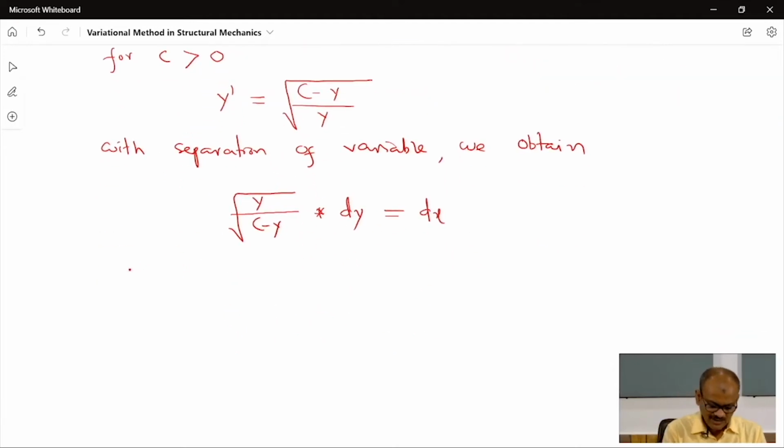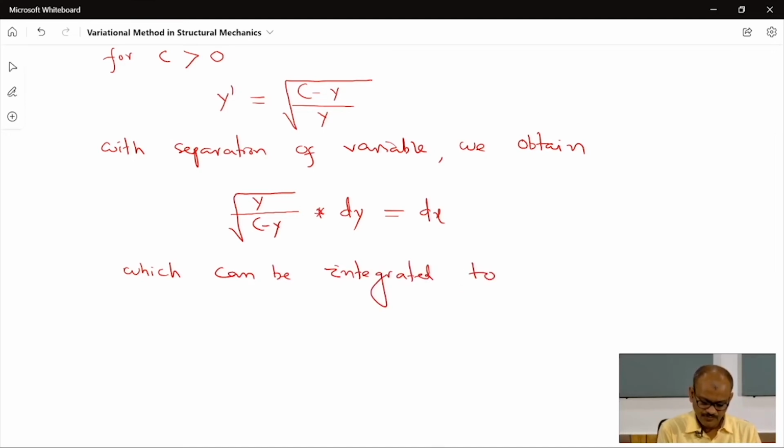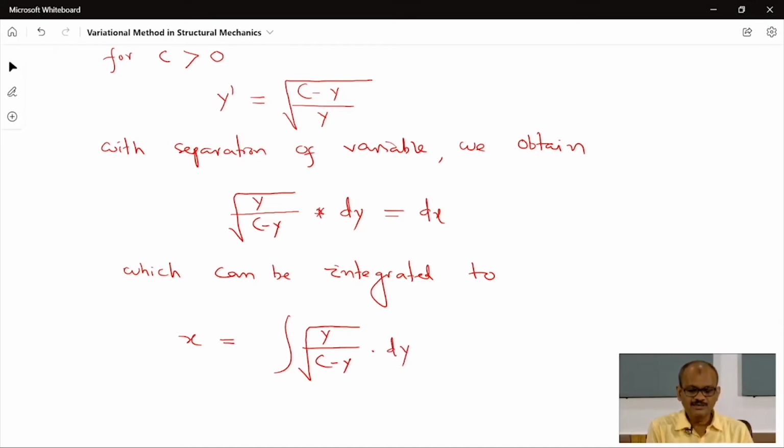If you integrate, x is equal to the integration of root over of y divided by (c minus y) into dy, plus a constant d. So this is equation B.